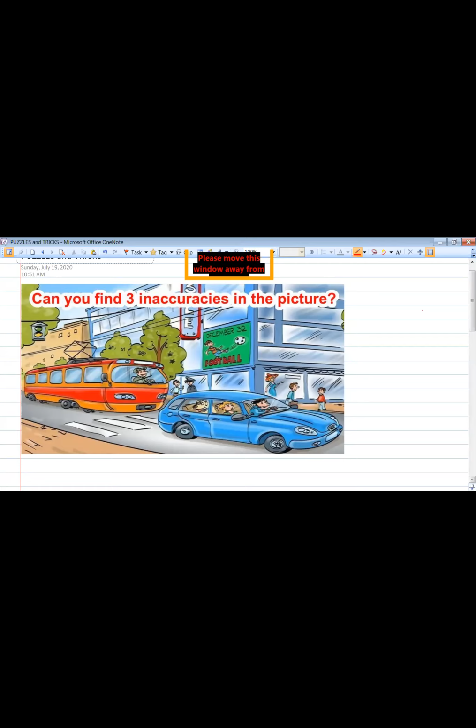Signal above the bus. Bus wheel. Then electric bus.